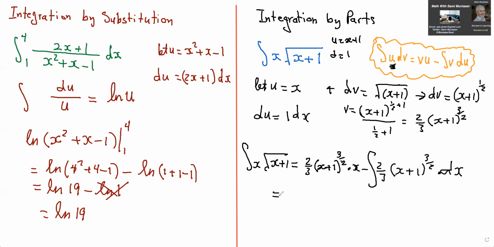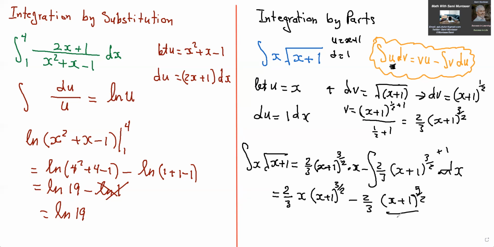So the answer would be 2/3 x plus 1 to the 3 halves, minus, now if we're going to start integrating this, we have the 2/3 here. You're just integrating the x plus 1, and you could just put the 2/3 right in front of it. You don't have to bother with the 2/3, but you're integrating this. And now you have to add 1 here. If you add 1 to this, it's the same as adding 2 over 2 to this. So this becomes 5 over 2.